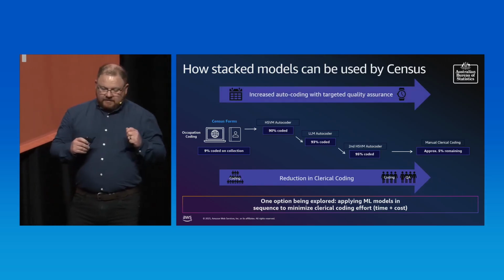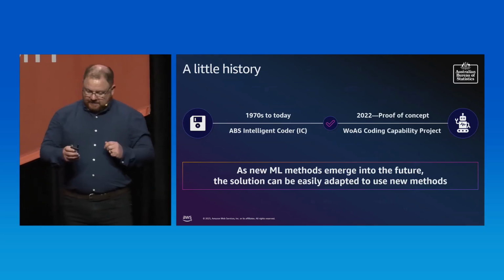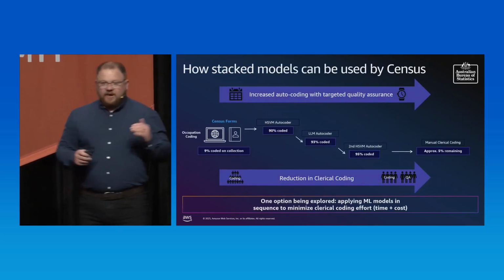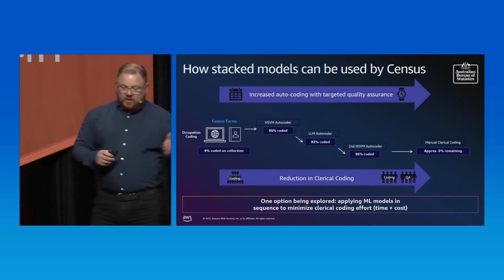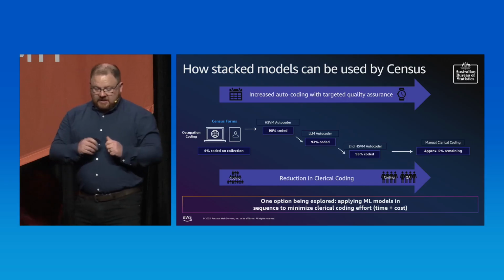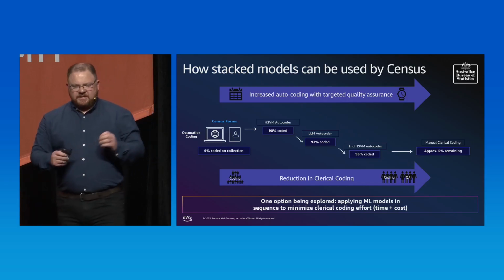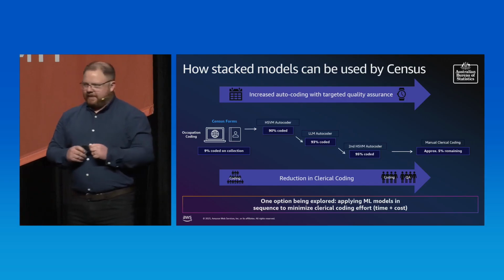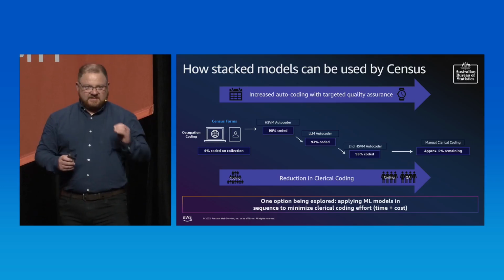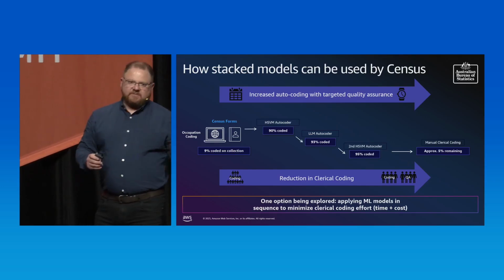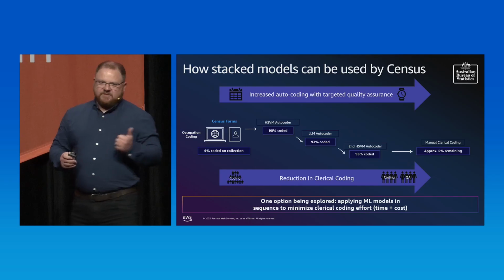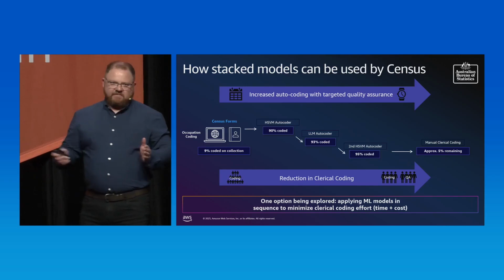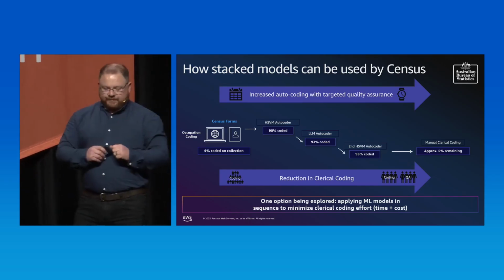Now, looking at our previous census in 2021, getting to 95% auto-coding for occupation is a 20% reduction. And ladies and gentlemen, 20% at census scale, we're talking millions of records, we're talking hundreds of people, and months worth of effort to get to the same point.